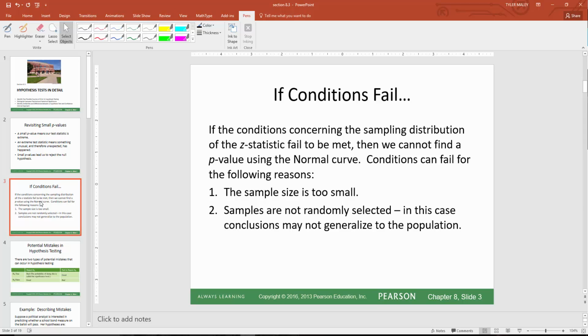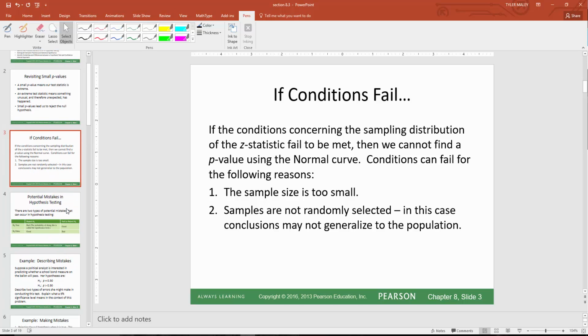So there are two reasons suggested here of conditions that can fail: one is the sample size is too small, and two, samples are not randomly selected. So in this case, conclusions may not generalize to the population. So you may want to go out and get a new sample that's random and larger if one of these were to fail.